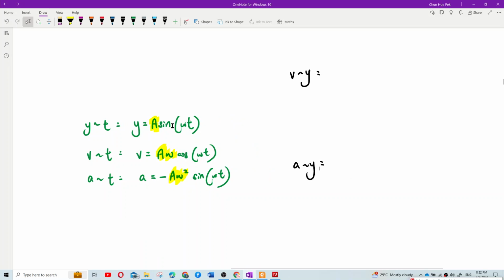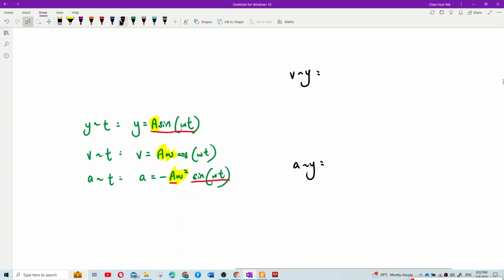Okay, I do this first: acceleration versus displacement. You look at here, y equal to A sine omega t, compared to this one, a equal to negative A omega square sine omega t. You see what's the similarity here? A sine omega t and A sine omega t.